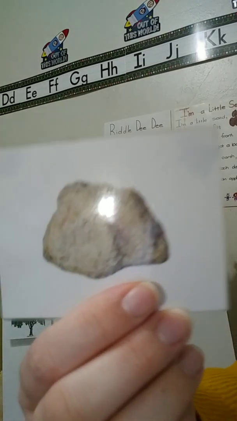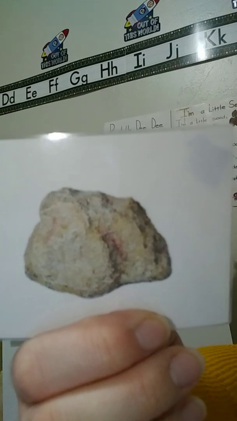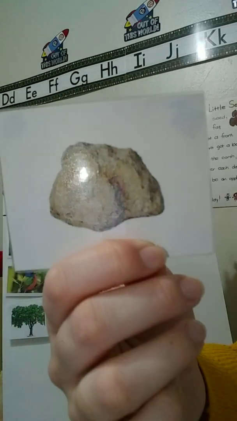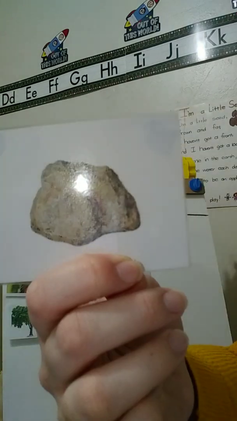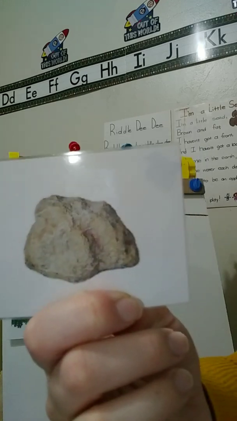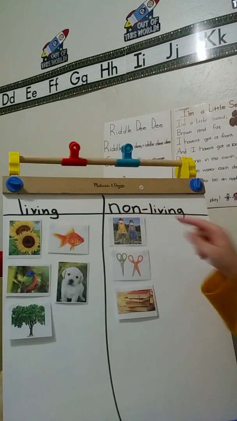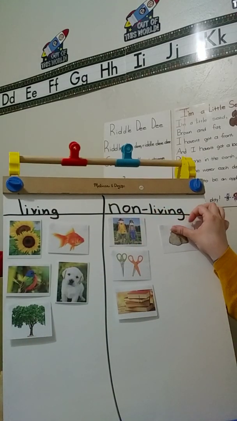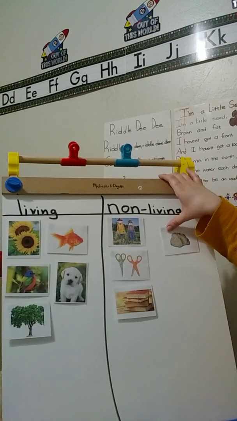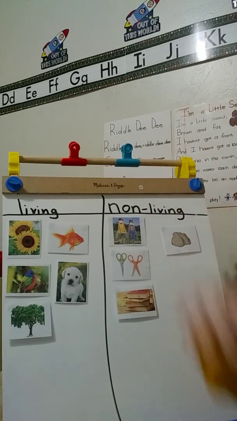How about this one? We spoke about this. It's a rock. Can it reproduce? Can it breathe? Does it need food or water? Does it need space? No. It's just a rock. So it is non-living. Let's put it over here. Okay.